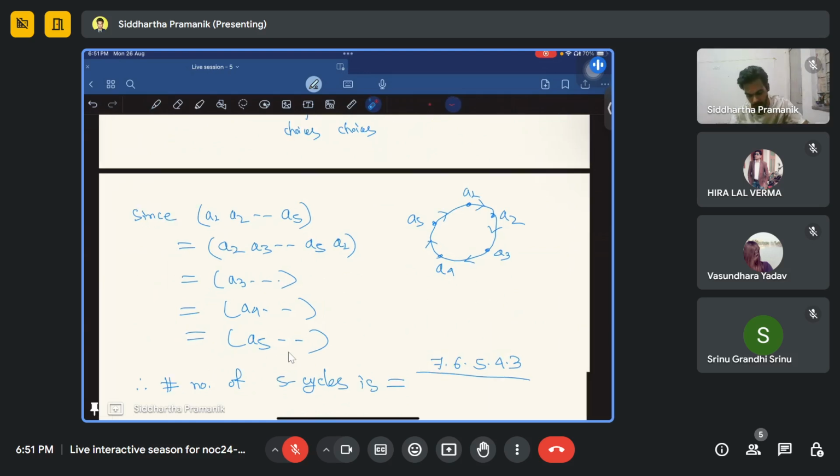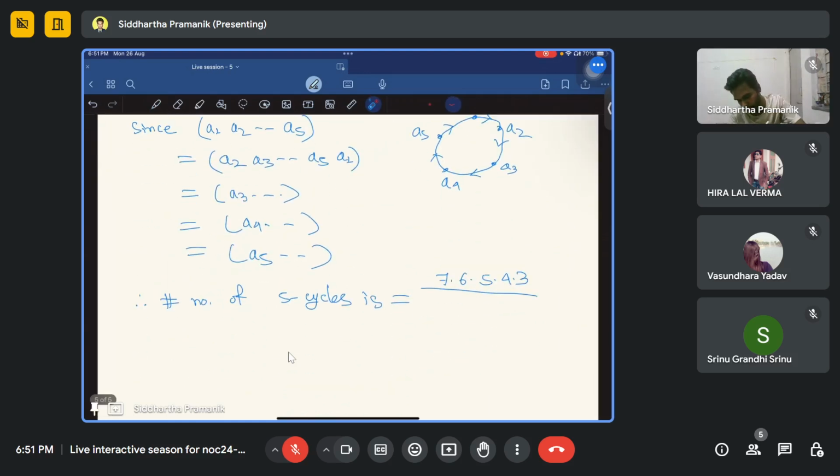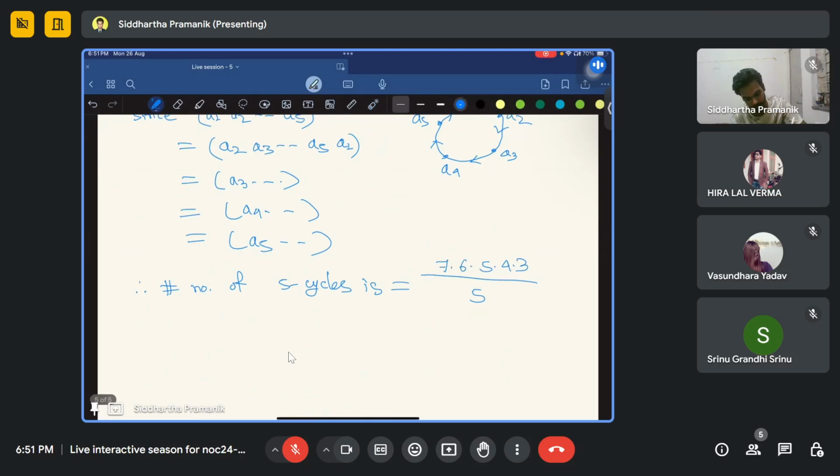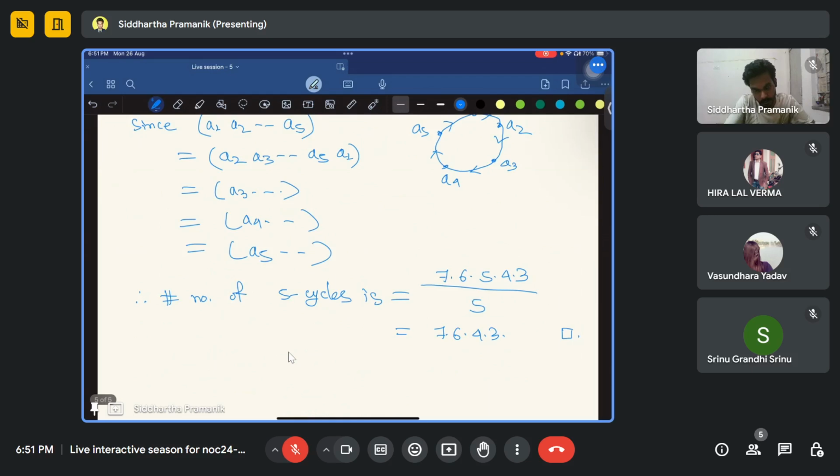So we need to divide by 5 because we have 5 repetitions for each case. So this is the number of 5 cycles in S7, equal to 7 times 6 times 4 times 3. Okay, so this is the final number.